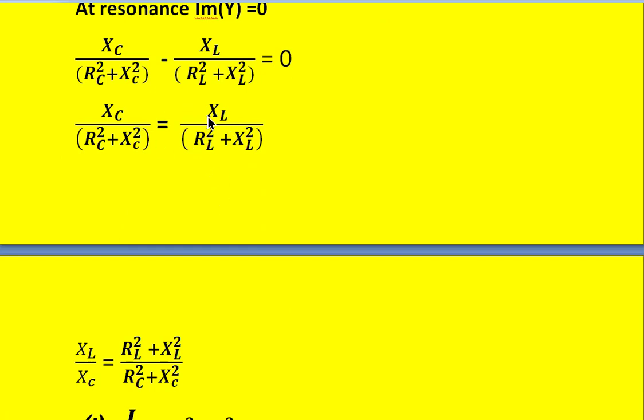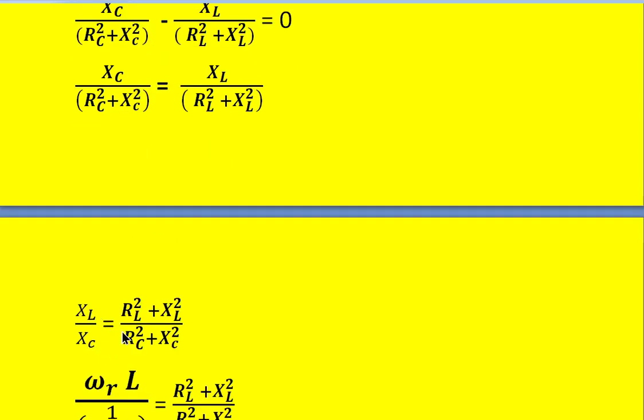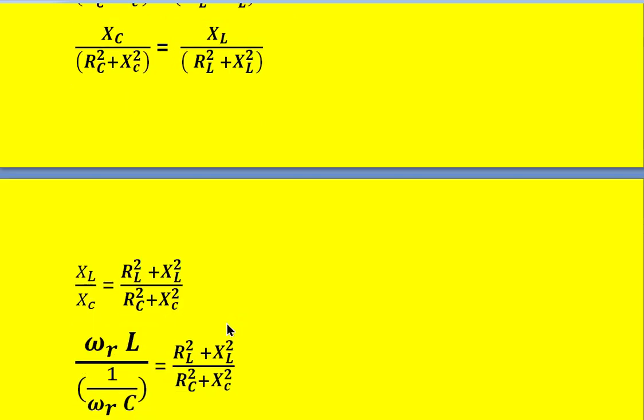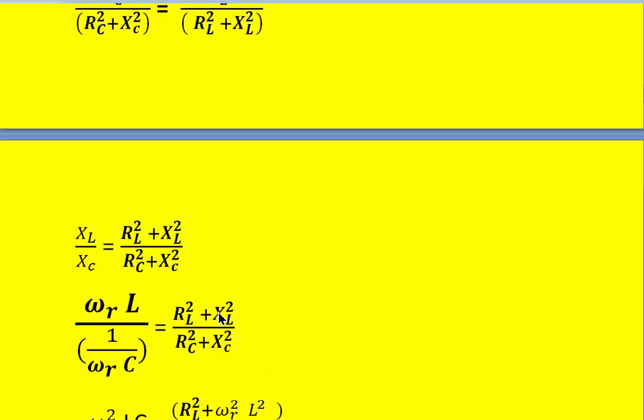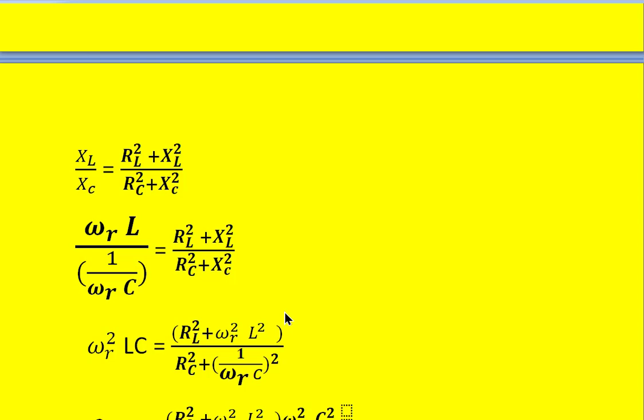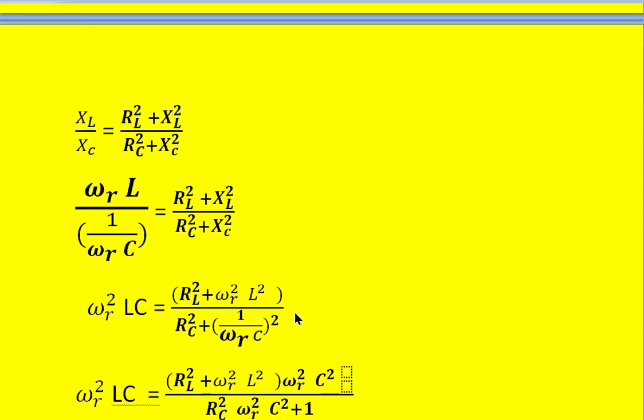Further it can be written as XL divided by XC is equal to RL square plus XL square divided by RC square plus XC square. At resonance, XL can be written as omega R L, and similarly the capacitive reactance as 1 by omega R C, equal to RL square plus XL square divided by RC square plus XC square.